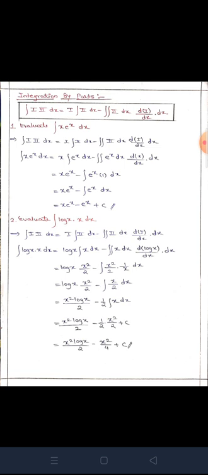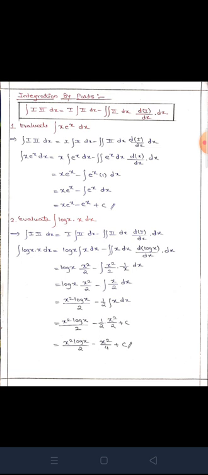In the next step, x e raised to x minus integration of e raised to x into 1 is e raised to x dx. Last step, x e raised to x minus integration of e raised to x will be e raised to x plus c. Clear? You just have to substitute in the formula, then step by step you solve it.